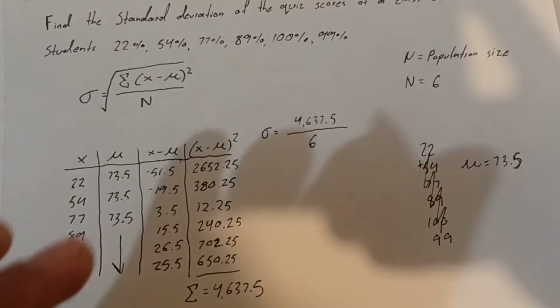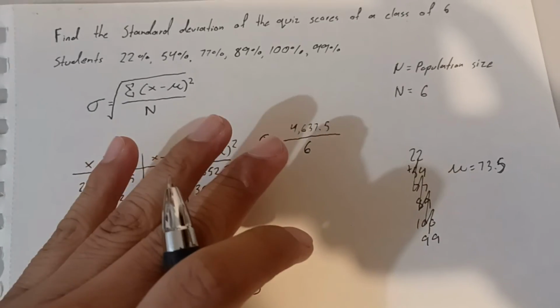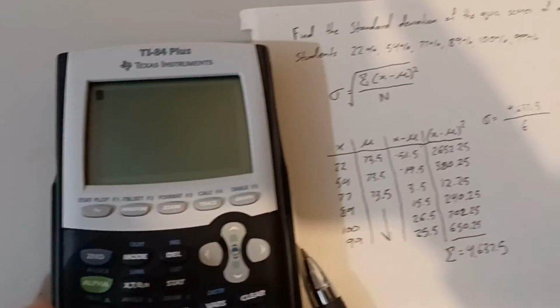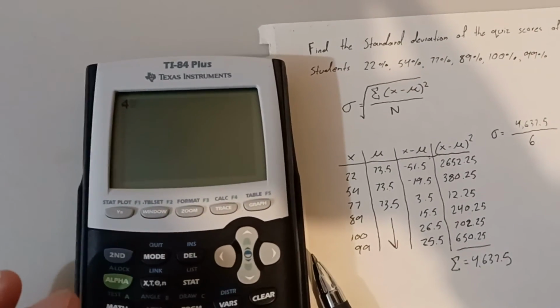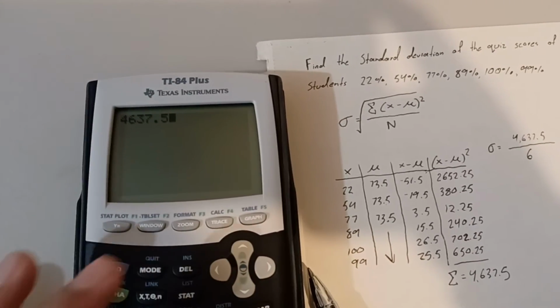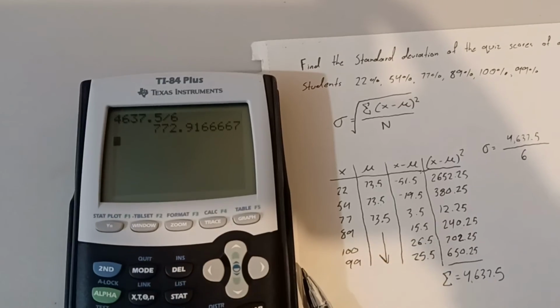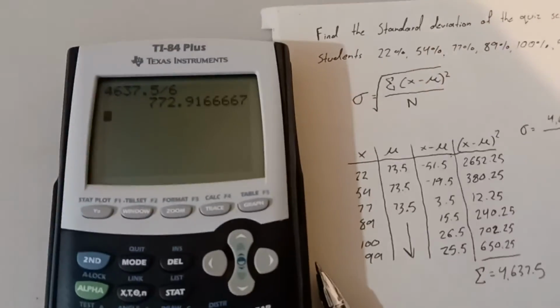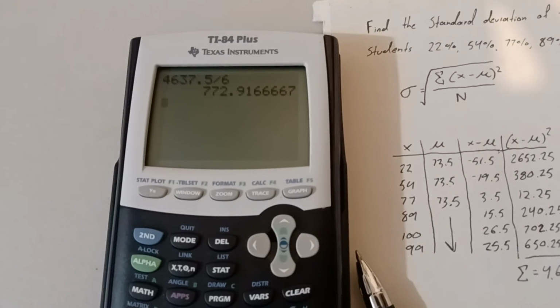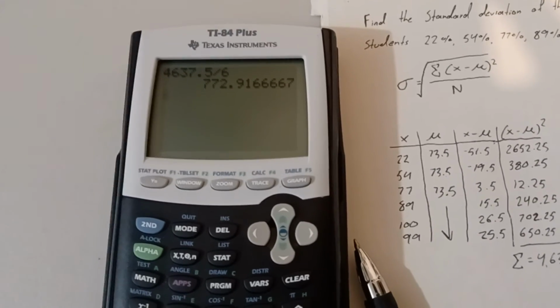Obviously, you're going to square root that, but we're going to save that till later because I want to show you something. So let's go ahead and do that. 4,637.5 divided by 6 is going to give us 772.91.